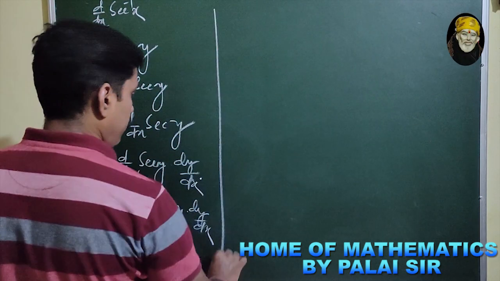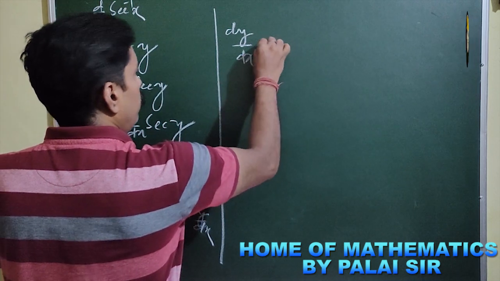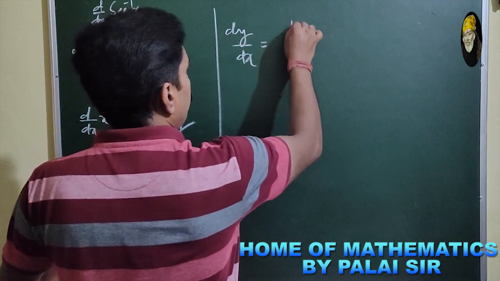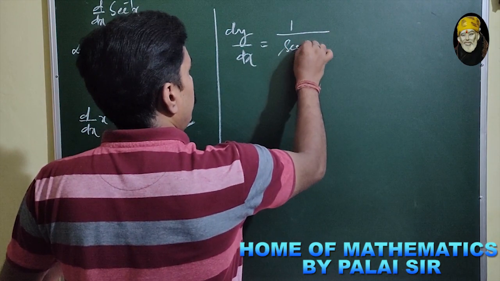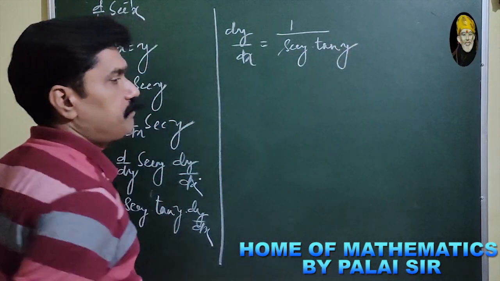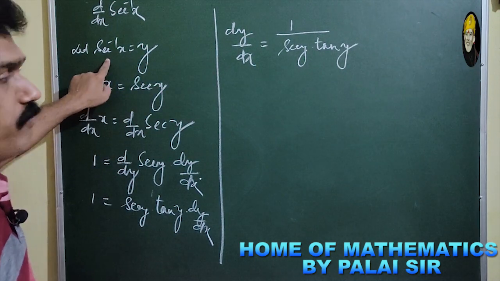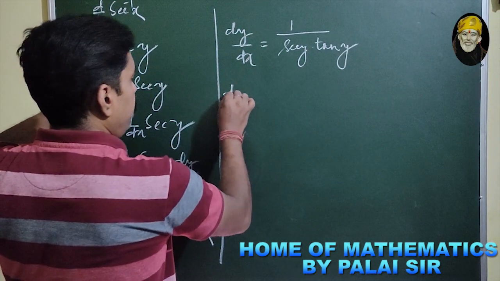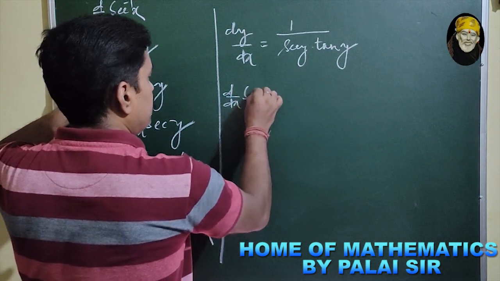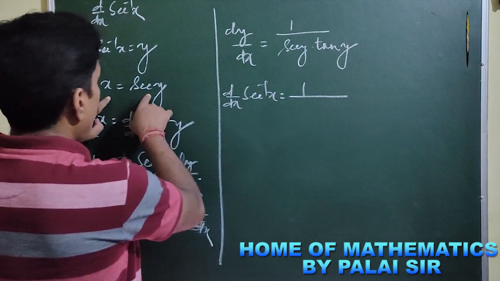Then what is the value of dy by dx? Its value will be 1 by sec y into tan y. Then what is the value of y here? Sec inverse x. You put this value here: dy/dx of sec inverse x will be 1 by sec y, what is the value?